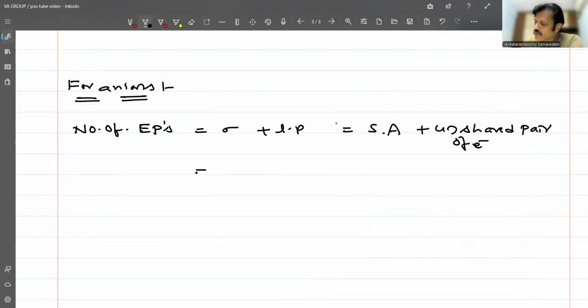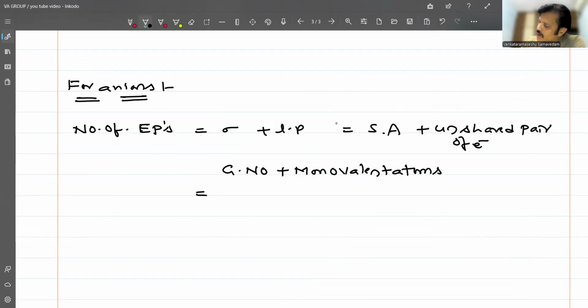So what is the formula to find the hybridization of the central atom of anions? Again the same: we have to take the group number of the central atom plus the monovalent atoms which are connected, plus the anionic charge magnitude.